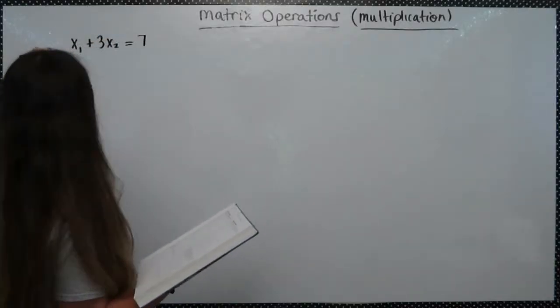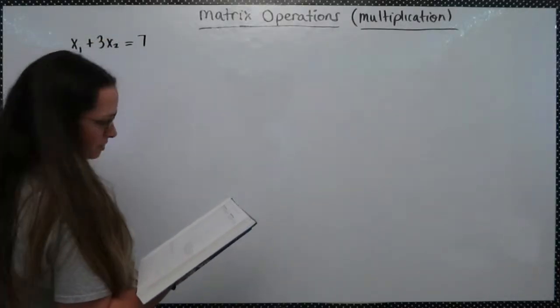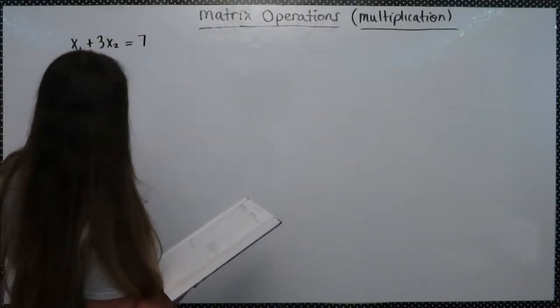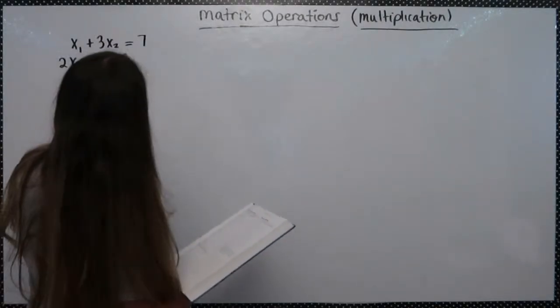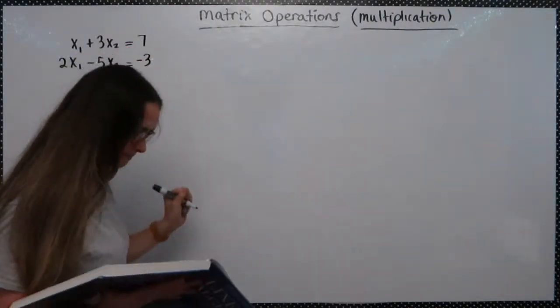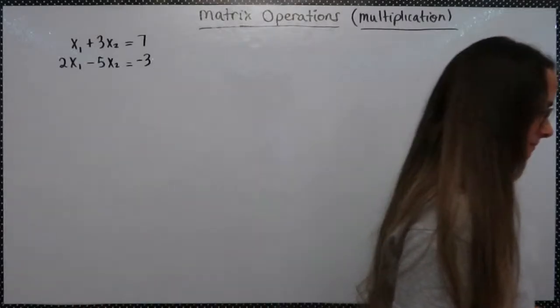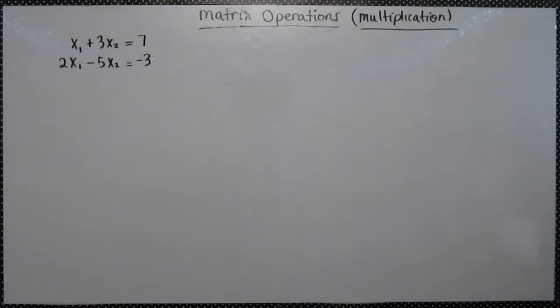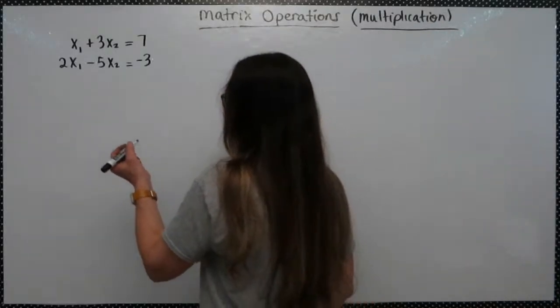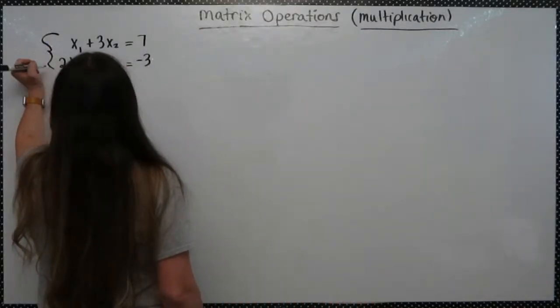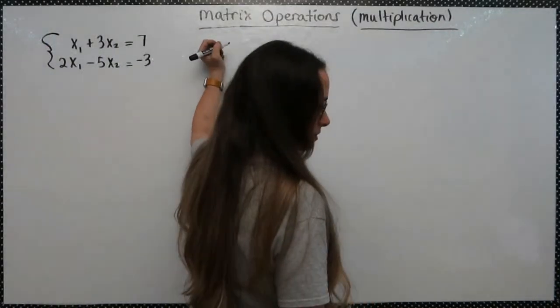And this one is 2x1 minus 5x2 equals -3. And we're going to use a matrix to solve the system. So we need to go ahead and calculate the inverse.